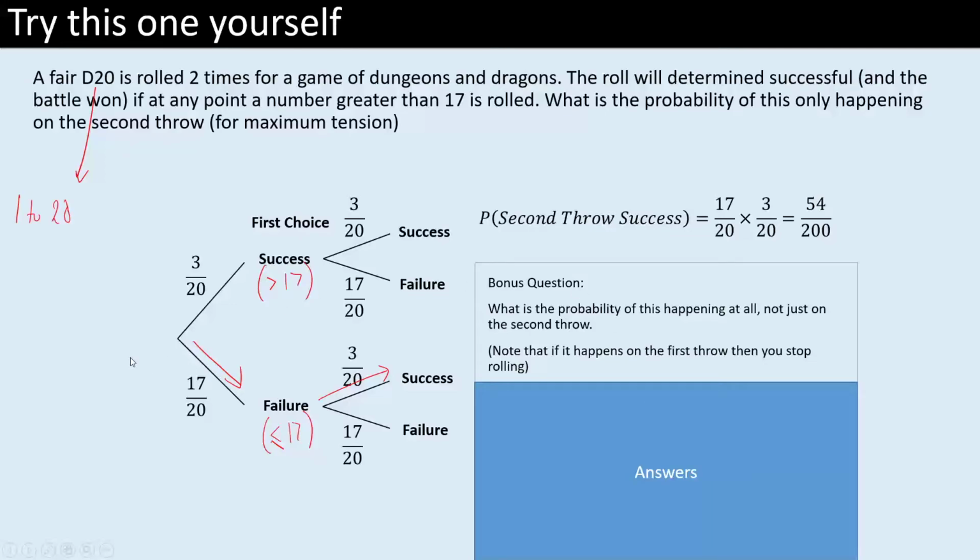So for this thing here, we've got 2 things that we need to look at. We've got probability of us getting a success on the first throw, plus the probability of a success on the second throw.